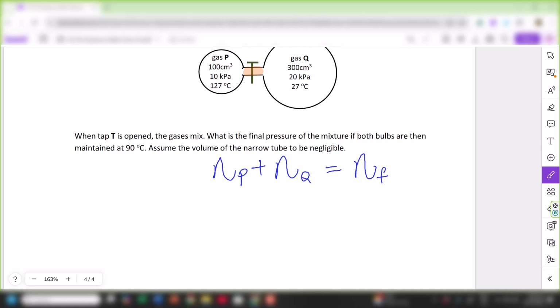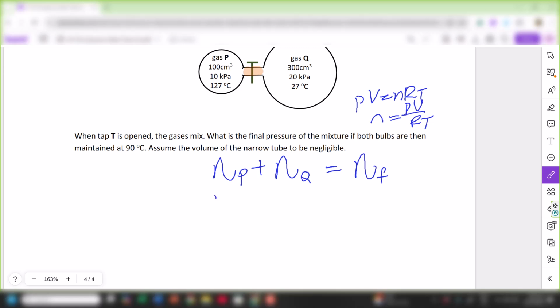Don't memorize any formula, because any formula you try to memorize, you will just forget if you don't understand it. Now remember the ideal gas equation, PV equals nRT. If you swing them around, n is equal to PV over RT. So over here, I'm just going to dump everything in.